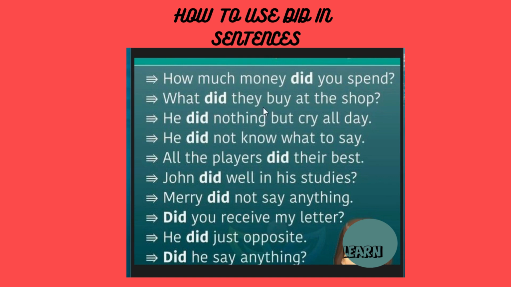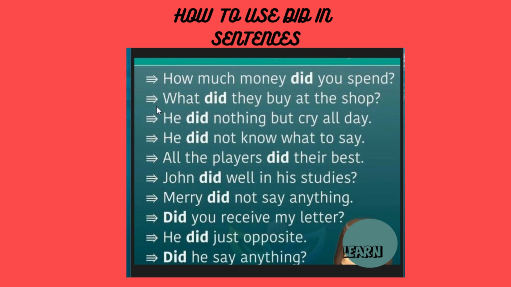Here, what did they buy? This means they already bought something at the shop, so this person wanted to know what they purchased. This action happened in the past, finished, simple past tense.